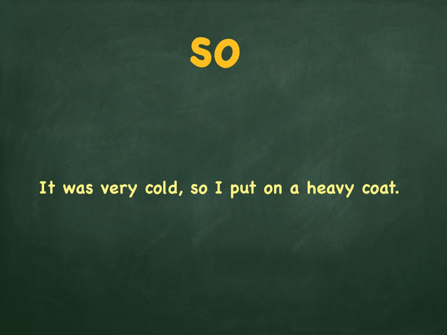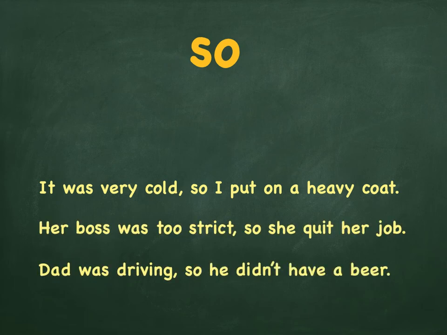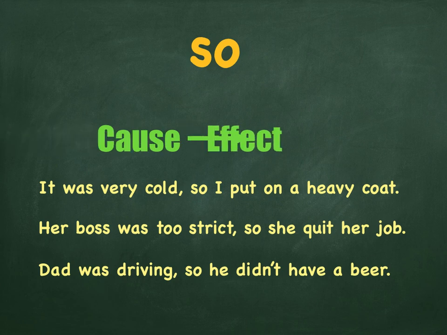Okay, let's see some more good examples. And can you see what type of sentence these are? What kind of meanings do they have? Well, each sentence is a simple cause and effect style.